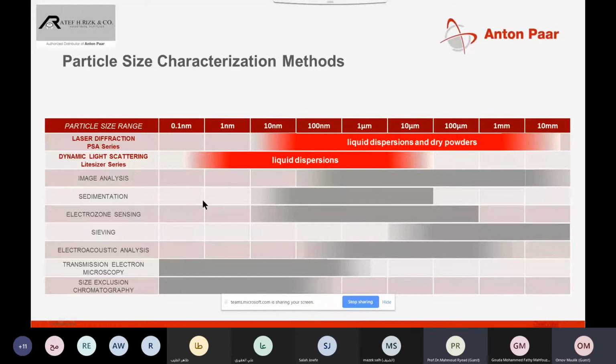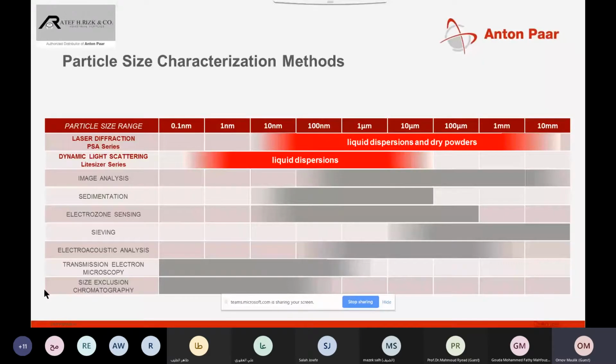There are also other techniques, such as image analysis and sedimentation, but mostly other methods can only measure in micron or millimeter size. If you need to measure in a sub nanometer range, then only two techniques, transmission electron microscopy and size exclusion chromatography, are useful. Most of the time, for a cost-effective solution for measuring nanometer sized particles, it has always been the dynamic light scattering technique.